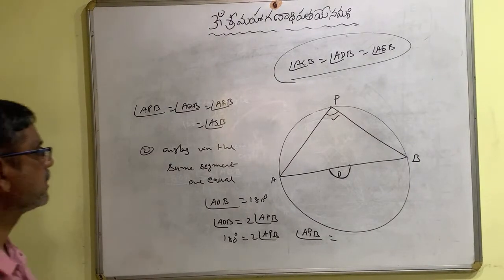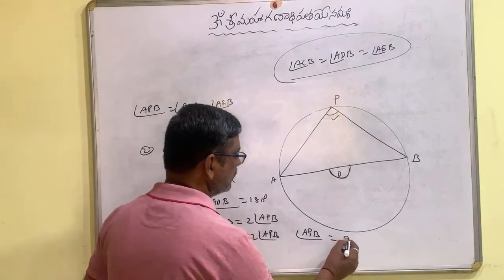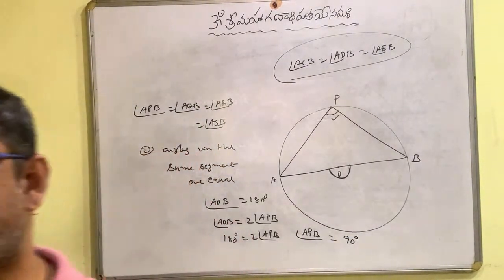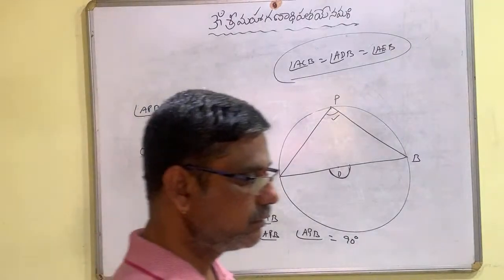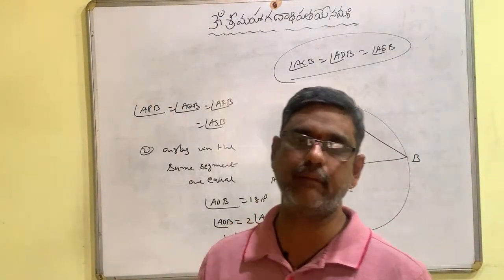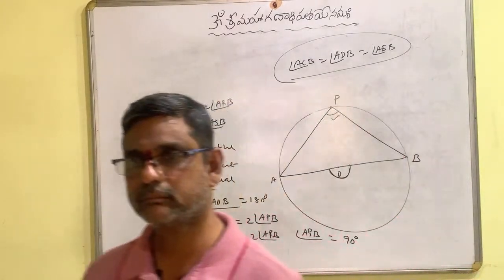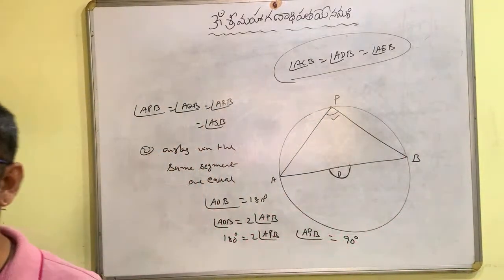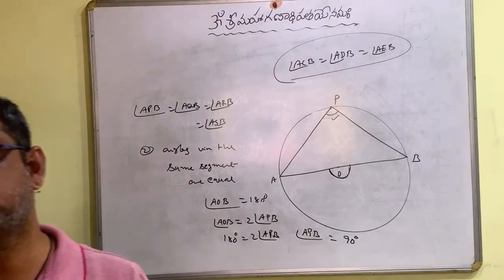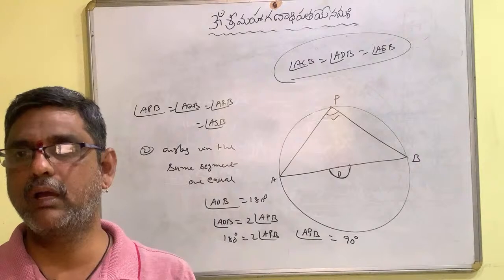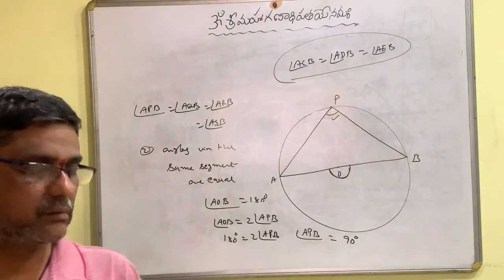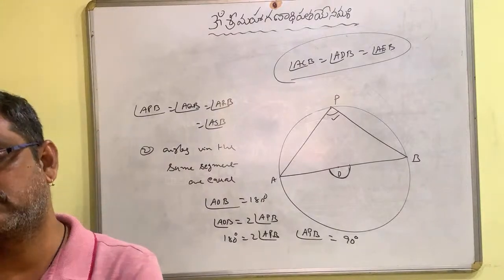So, what is the other name of 90 degrees? Can anyone say? What do we call 90 degrees with another name? Right angle. Very good, Sanat. Right angle. Good.